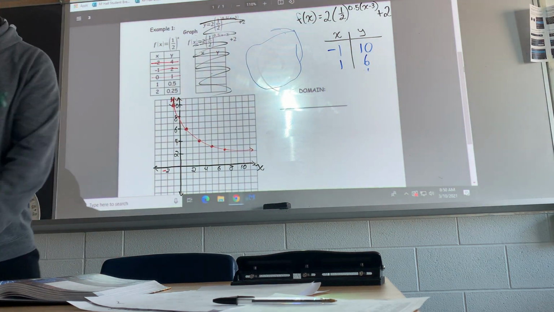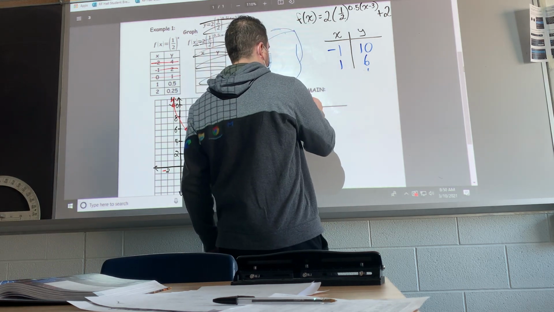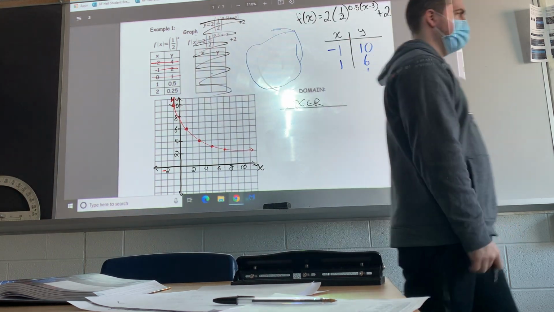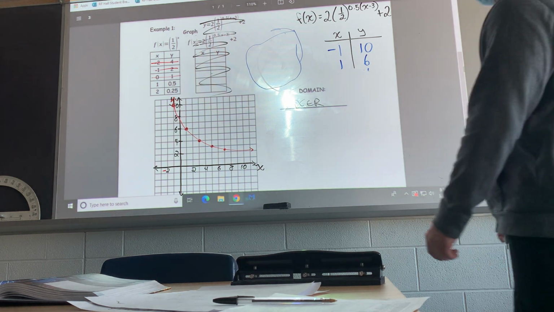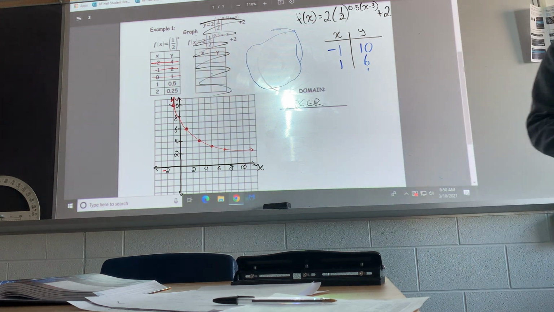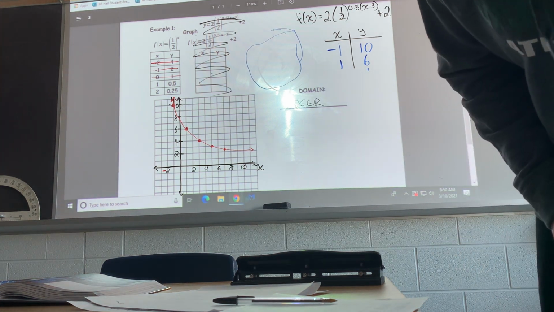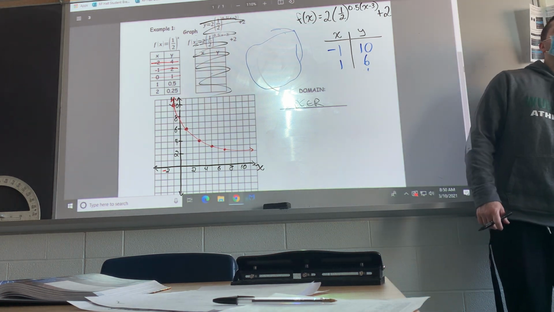All right, so let's do the domain. Okay, we start with x ∈ R. If there aren't any restrictions, then we just leave it as that. If there are restrictions, then we state them. So any restrictions with our x values?